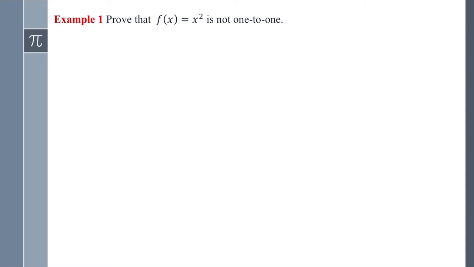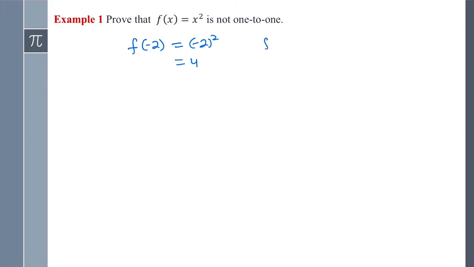Let's go ahead and prove this is not a one-to-one function. In order to prove that a function is not one-to-one, we can just find a counterexample. We can just find two different inputs such that their output is the same. For example, here we can take f of -2, which equals (-2) squared, and that gives us 4.